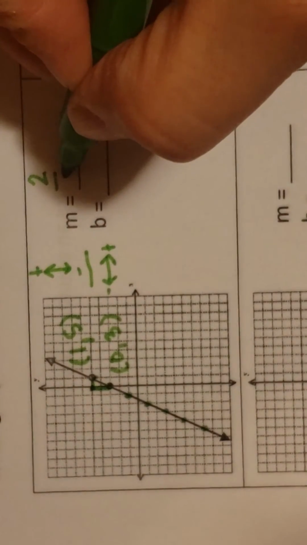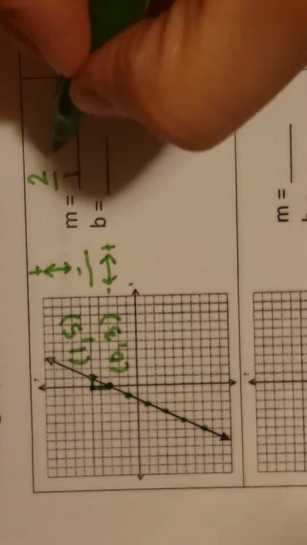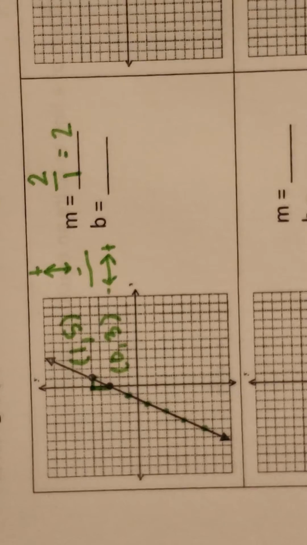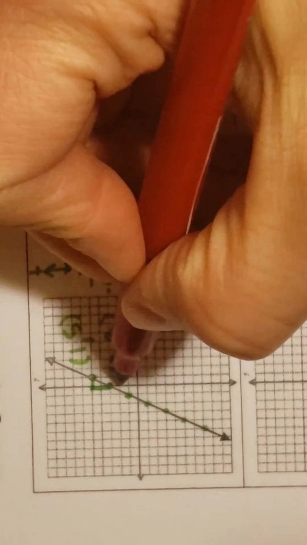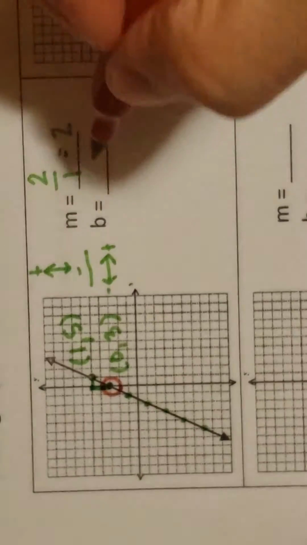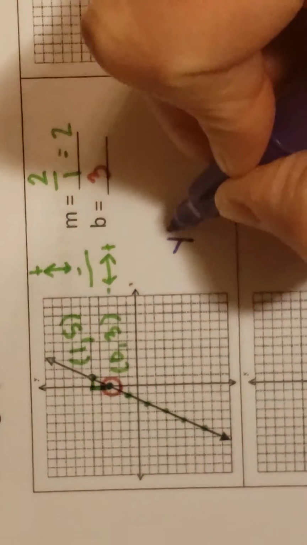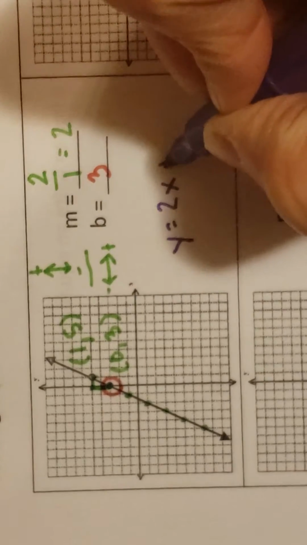A positive 1 in the denominator goes to the right. And of course, simplified, 2 over 1 is 2. Okay. And then our intercept is at positive 3. So just like what we were doing on the front, we can now write an equation in slope-intercept form. Y equals 2x plus 3.